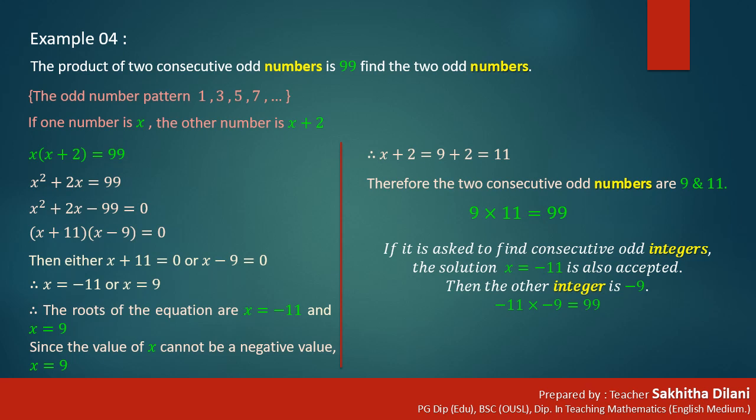Then the other odd integer is negative 9. Thus, there are two pairs of solutions. They are 9 and 11, and negative 11 and negative 9. Get the product of negative 11 and negative 9. You can see that that is also 99.